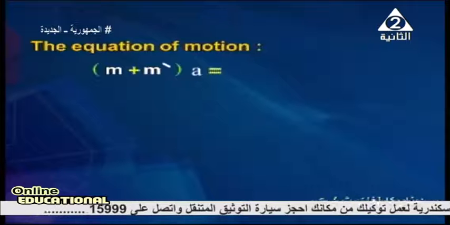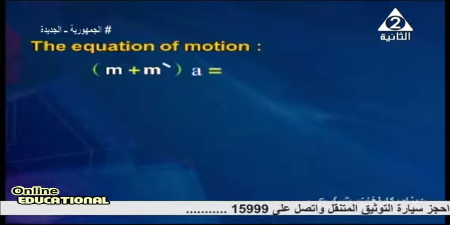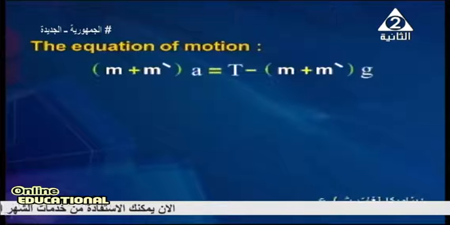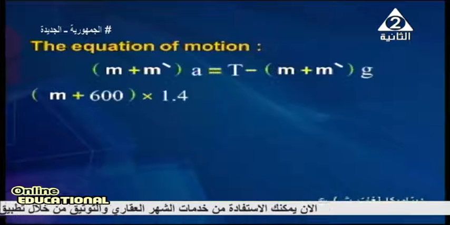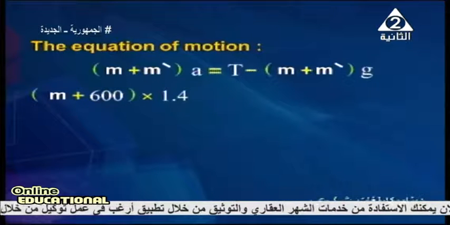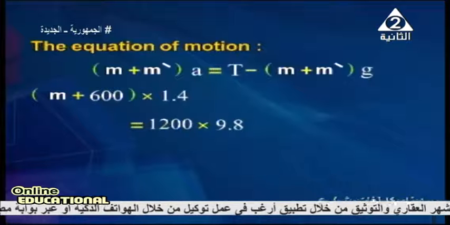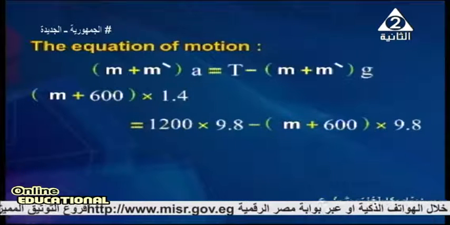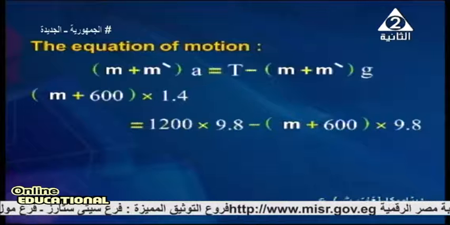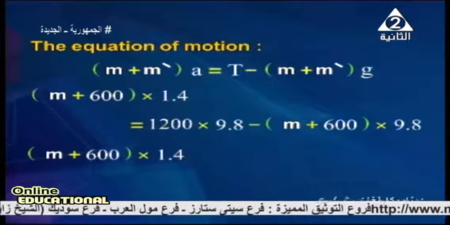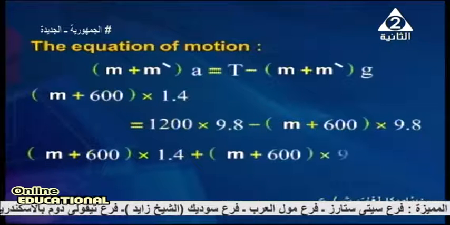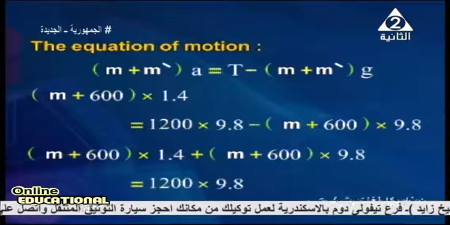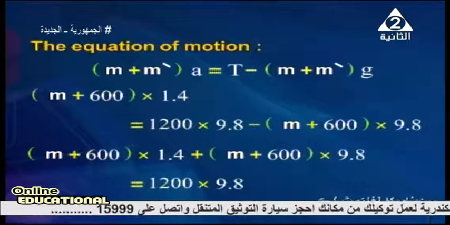Then (m plus m dash) multiply a equals T minus (m plus m dash) g. (m dash plus 600) times 1.4 equals 1200 times 9.8 minus (m dash plus 600) times 9.8. Bringing the terms together, (m dash plus 600) times 1.4 plus (m dash plus 600) times 9.8 equals 1200 times 9.8.